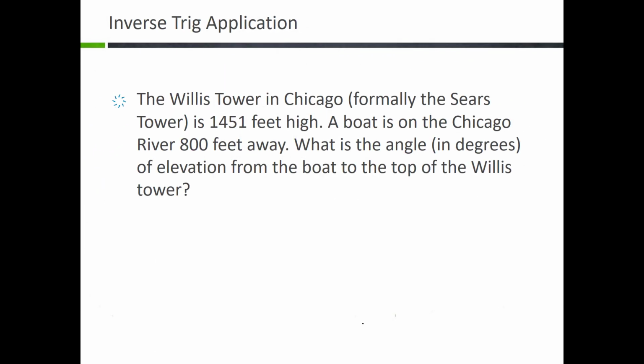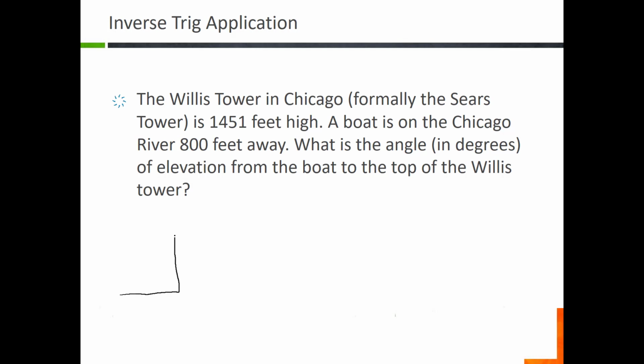All right, to wrap this up, let's just look at one application. The Willis Tower in Chicago is 1,451 feet high. We have a boat on the Chicago River that's 800 feet away, horizontally. What is the angle in degrees of elevation from the boat to the top of the Willis Tower? Okay, so let's first start with the picture. Again, this is a right triangle problem.